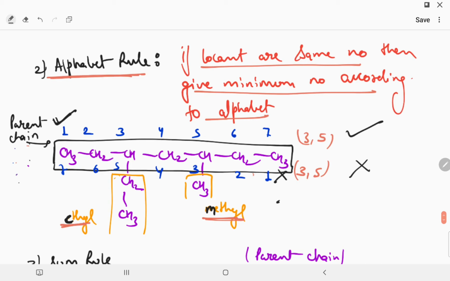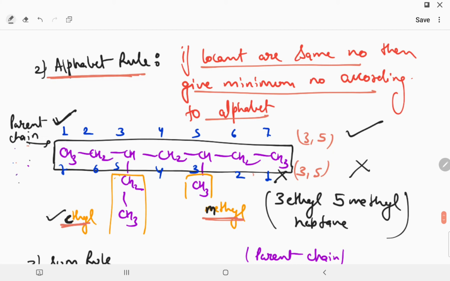So this one we can say 3-ethyl, 5-methyl, heptane, because we have to give first priority to ethyl, and they have the same number from both sides, and we write ethyl first because ethyl comes first in the alphabet. So why do we not give ethyl the minimum number? So we give the minimum number to ethyl. We select this chain, we cannot select this chain. The alphabet rule is a very important rule, guys, please understand my point.